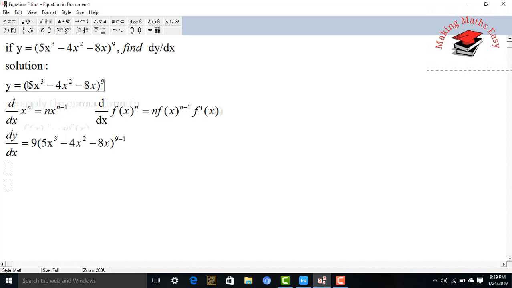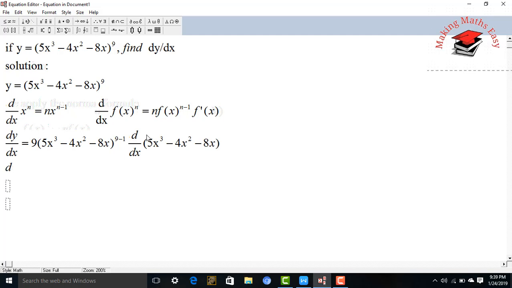Now after the power function I will go inside and find the derivative of 5x cube minus 4x square minus 8x. So I will write here d upon dx of this.